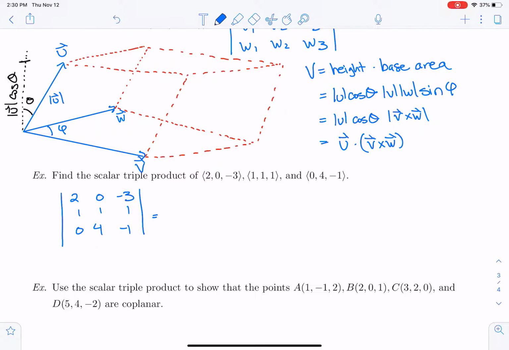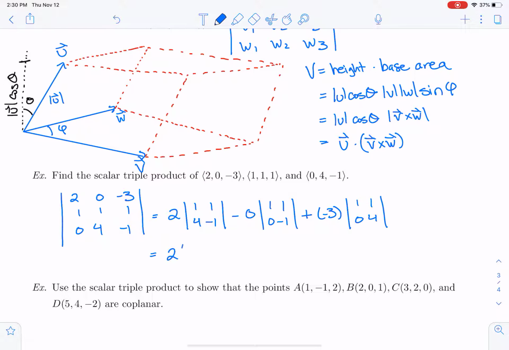That's going to give me 2 times the determinant of 1, 1, 4, negative 1, minus 0 times the determinant of 1, 1, 0, negative 1, and then plus a negative 3 times the determinant of 1, 1, 0, 4.